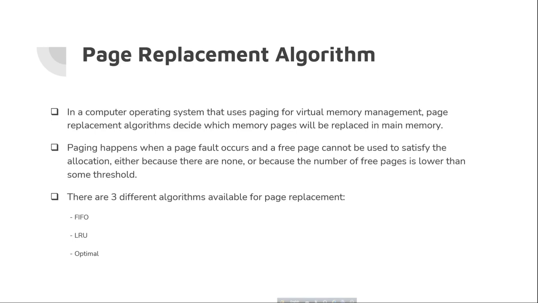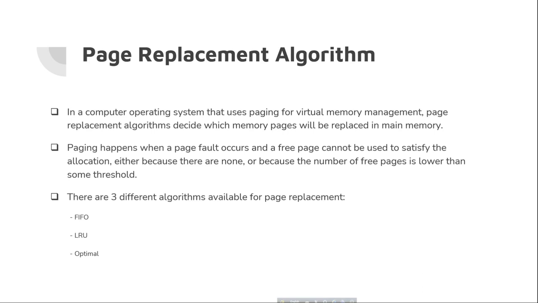Next is page replacement algorithm. In a computer operating system that uses paging for virtual memory management, page replacement algorithms decide which memory page will be replaced in main memory. So we can say that the page replacement algorithm comes into the picture when a page fault occurs.